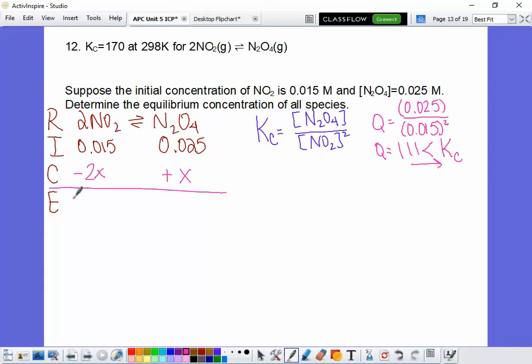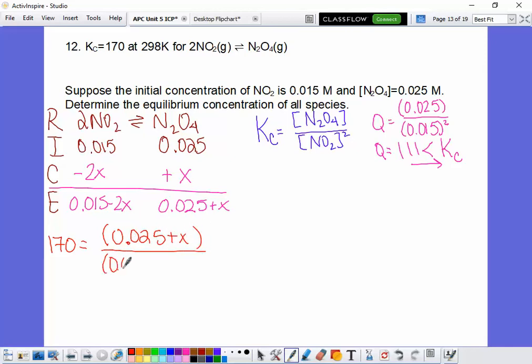So for equilibrium, I'm going to have 0.015 minus 2x for NO2 and 0.025 plus x for N2O4. Okay. And then I'm going to plug that all into my equilibrium expression. So 170 equals 0.025 plus x over 0.015 minus 2x, and all of that is squared.